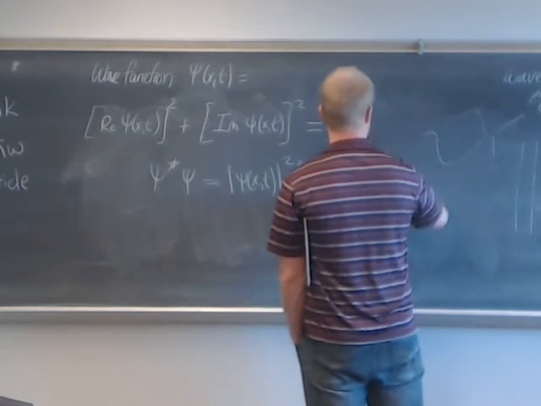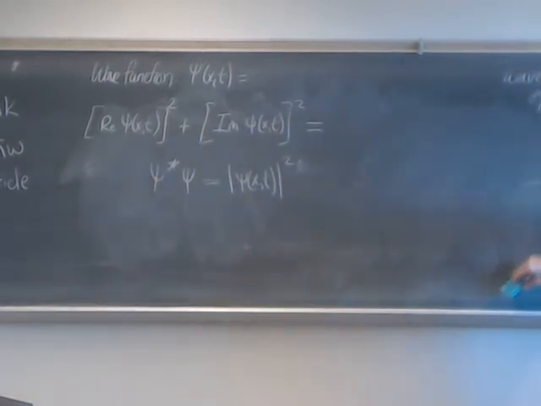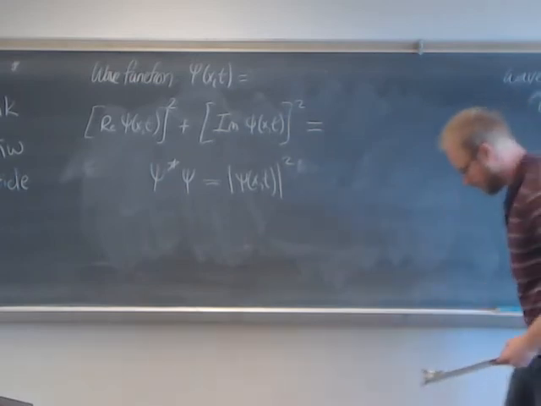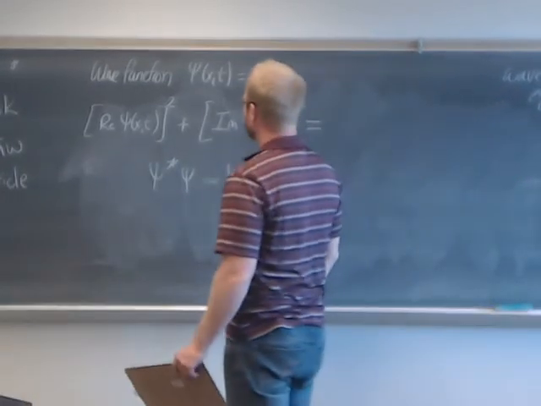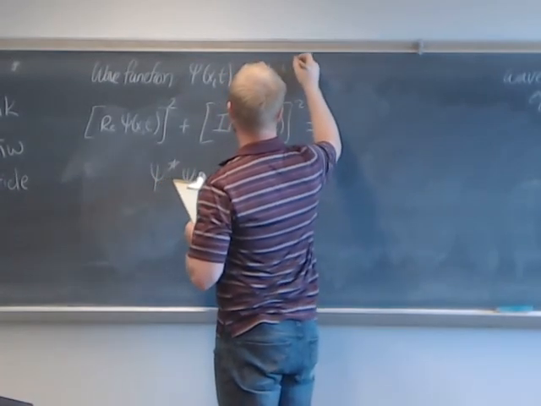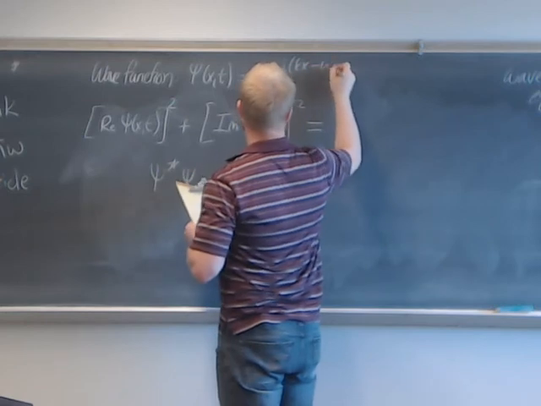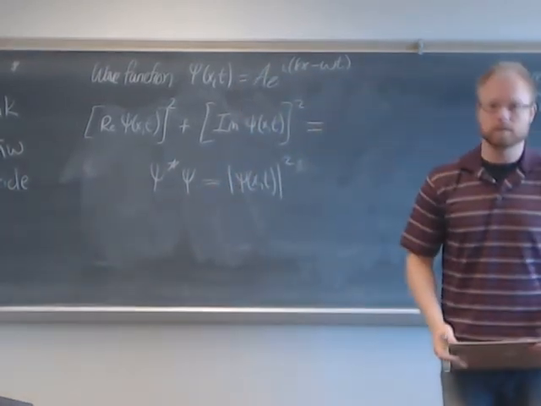Let's start with the simplest case of a wave, which would be the plane wave. One solution for the wave function of a plane wave will give us A e^(i(kx minus omega t)). We now have a wave function.